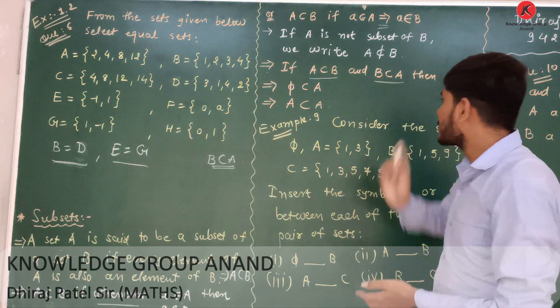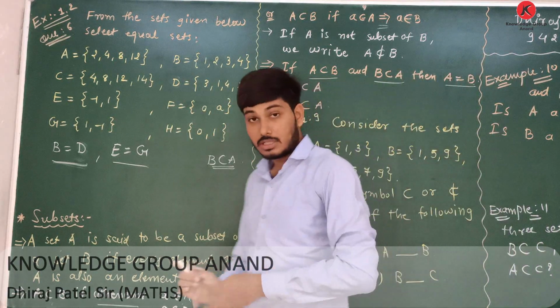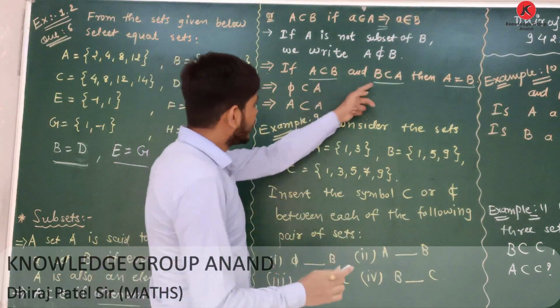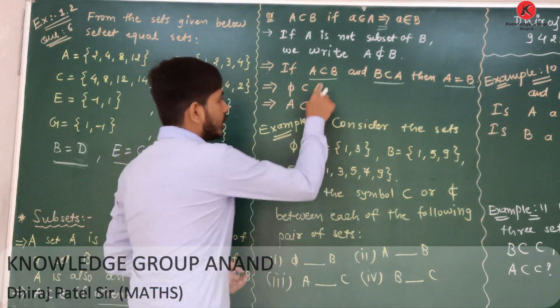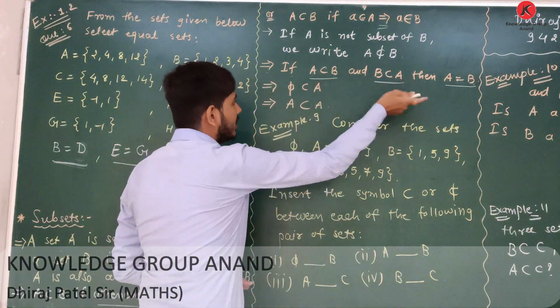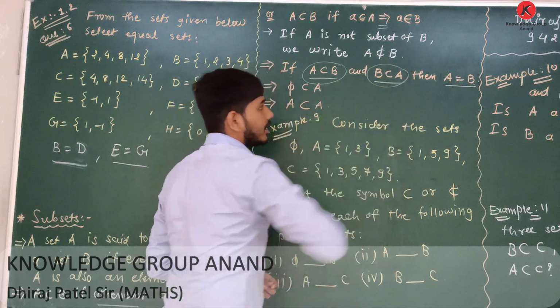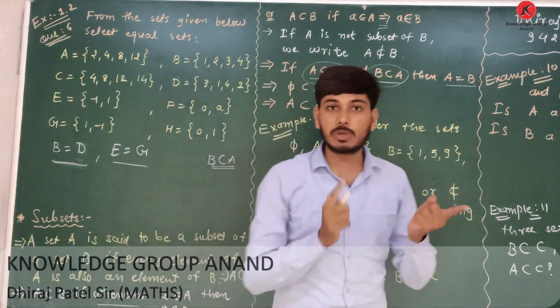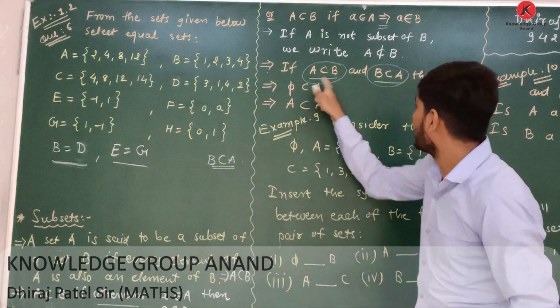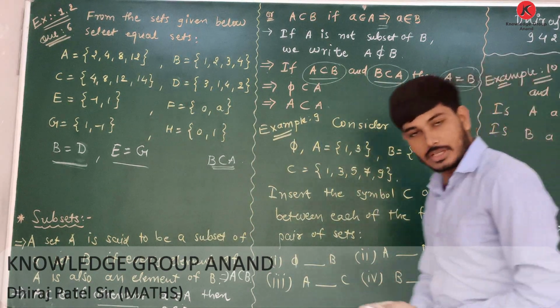Now, the important relation between equal sets and subsets is: if A is a subset of B as well as B is a subset of A, then we can say that A equals B. See here, both conditions are required. If A is a subset of B and B is a subset of A, these both conditions must be fulfilled by sets A and B, then we can say that A equals B. Clear?